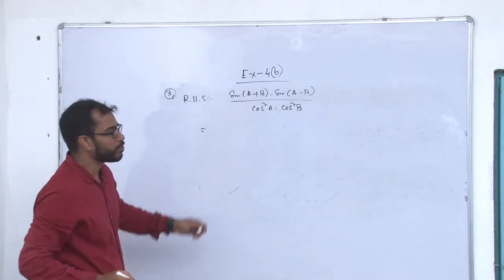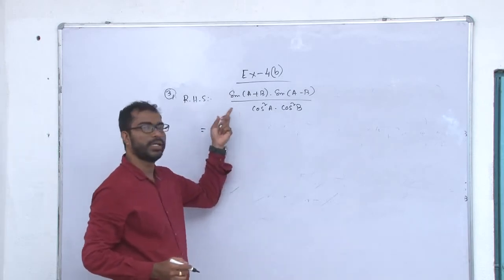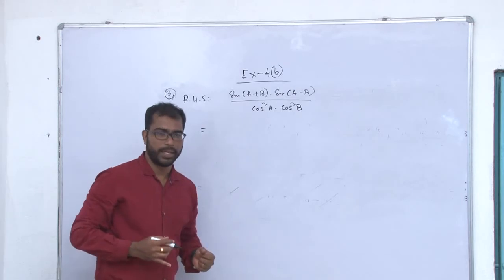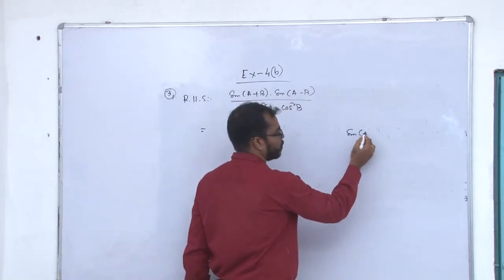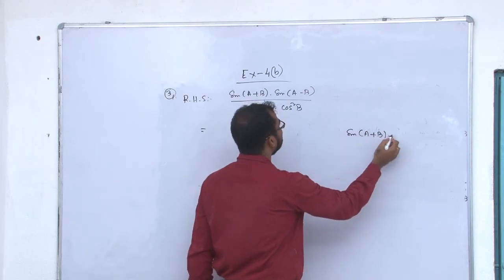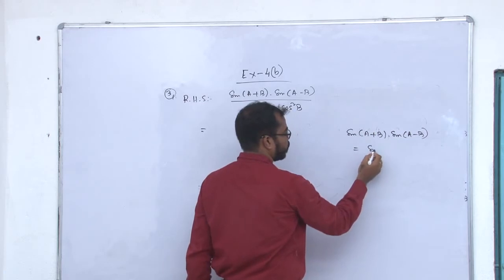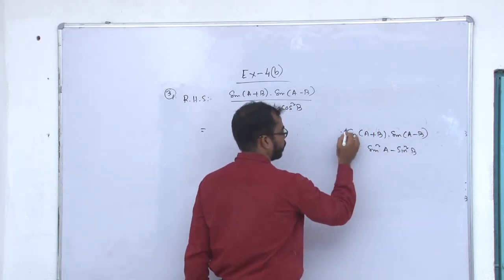Here you can use the formula for sin(a plus b) into sin(a minus b). We have a direct formula: sin(a plus b) into sin(a minus b) is equal to sin square a minus sin square b.